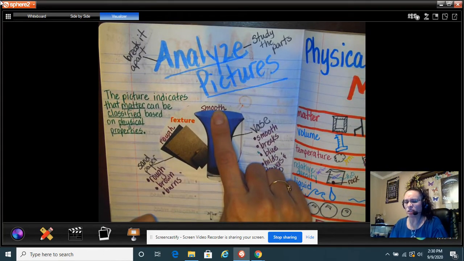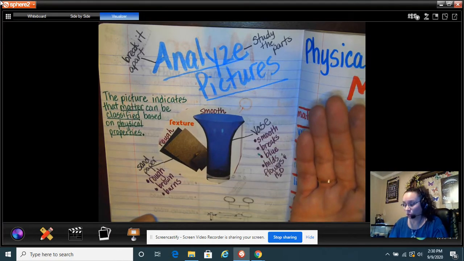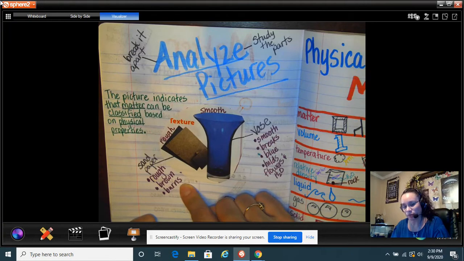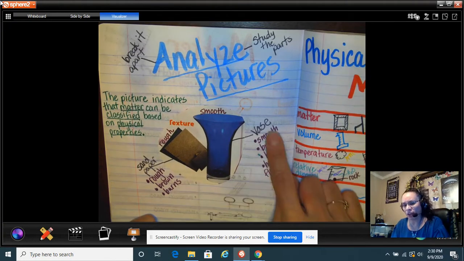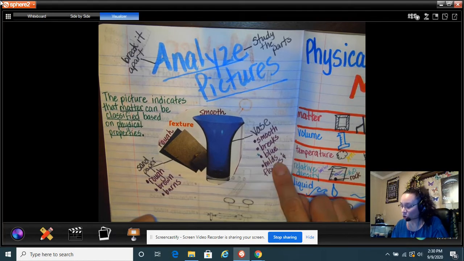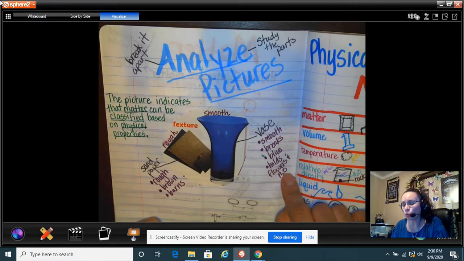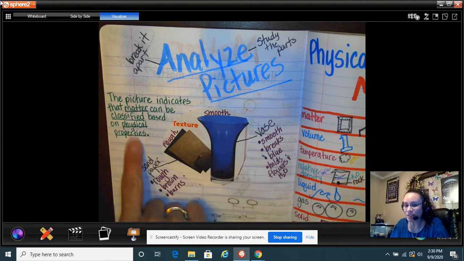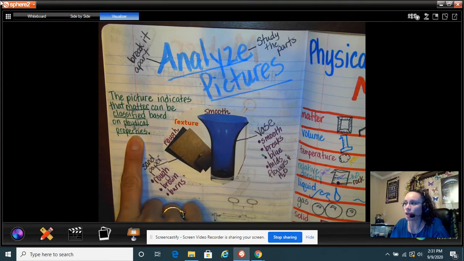What else about these things in your picture? Well, the sandpaper is rough, it's brown, it burns. Okay, what about the vase? It's smooth, it breaks, it's blue, it holds flowers, and it can hold water and flowers too. And it doesn't matter which picture you pick or describe, your green sentence right here describes every picture, any picture you selected from your Fusion book.